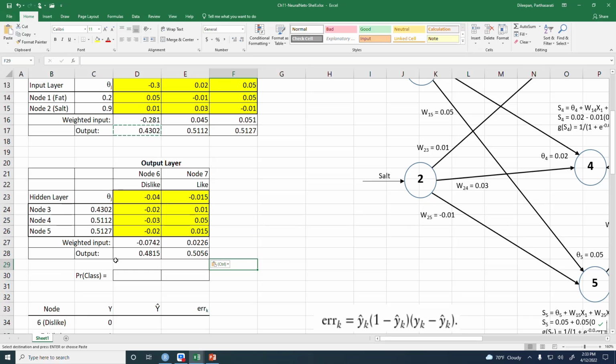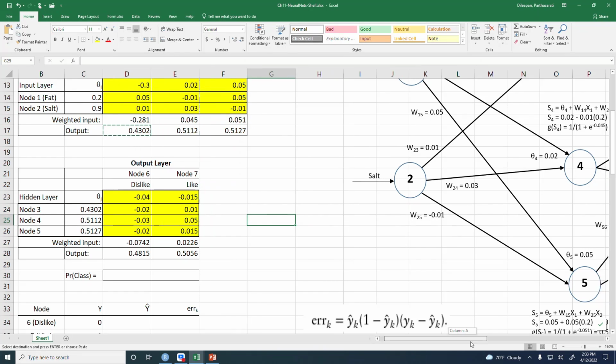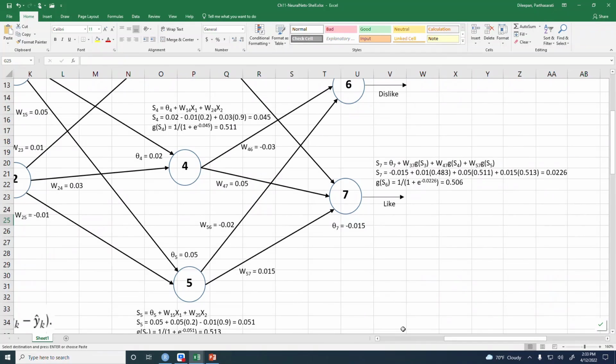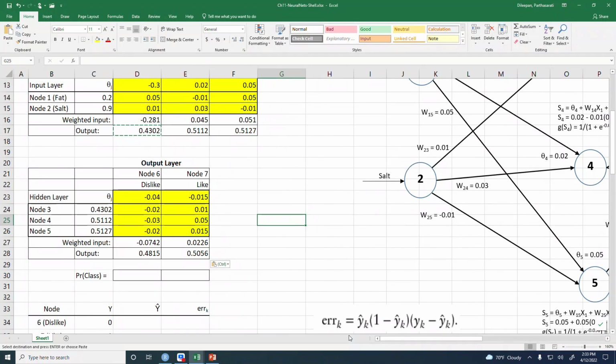The output here is not probability. It looks like probability, but it is not. So at the end, this is just the first step in the first iteration. So you won't do this at this point. But once you're done, if these are the outputs coming out of the like and dislike nodes, then you will compute the probability.